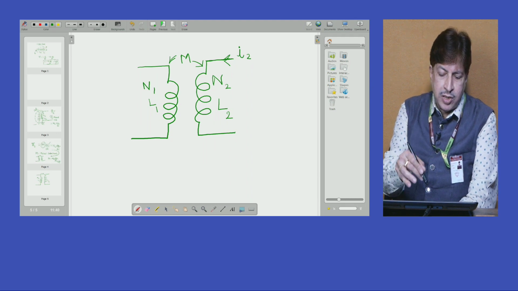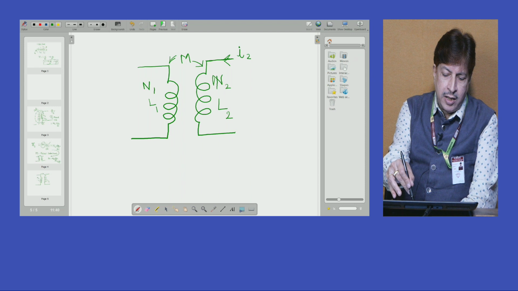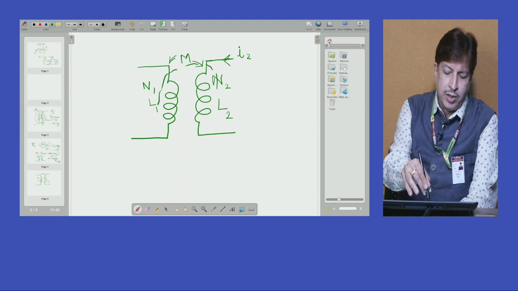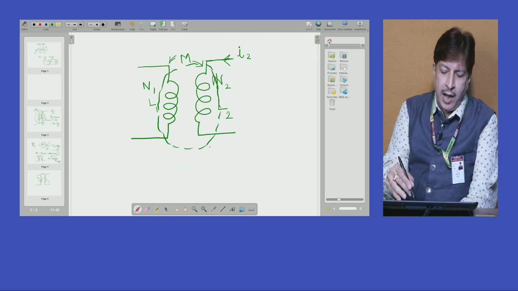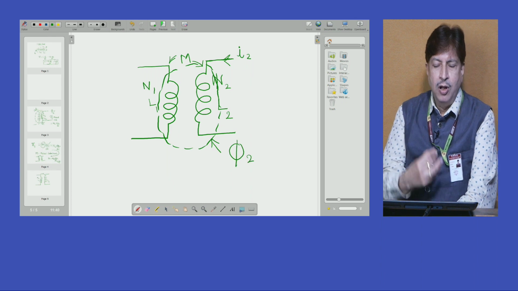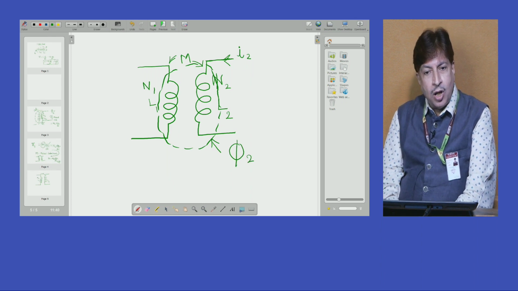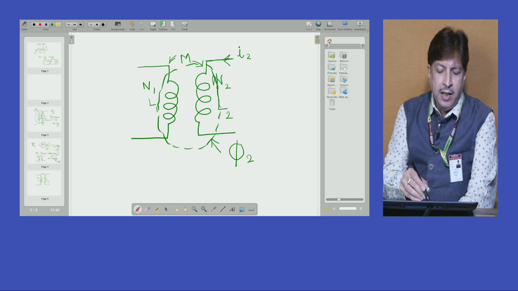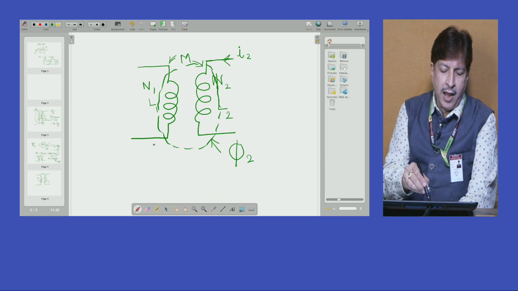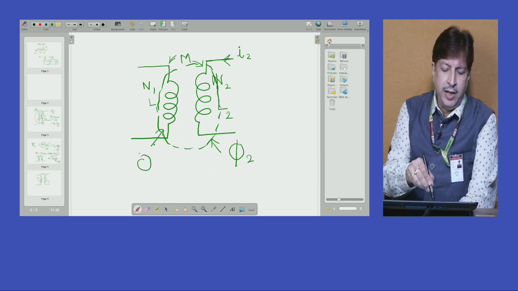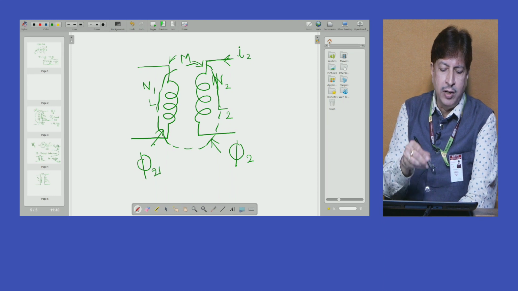Because of this current, magnetic flux is developed around coil number 2, and I am denoting that as phi 2. A part of this phi 2 is linking coil number 1, and that part of the flux I am denoting as phi 2 1.